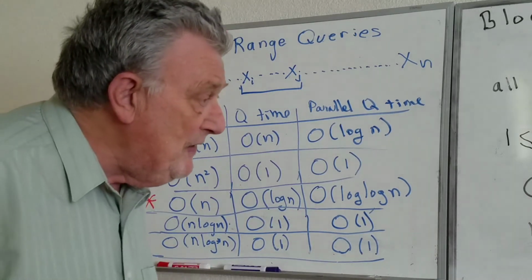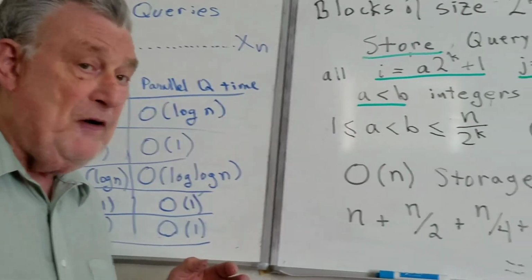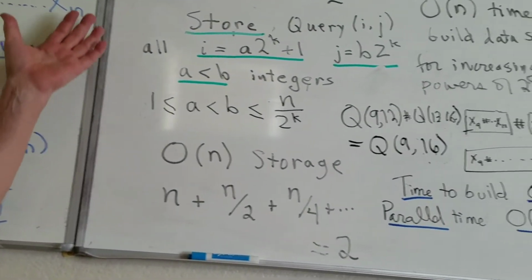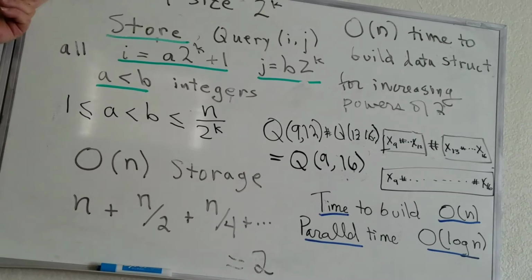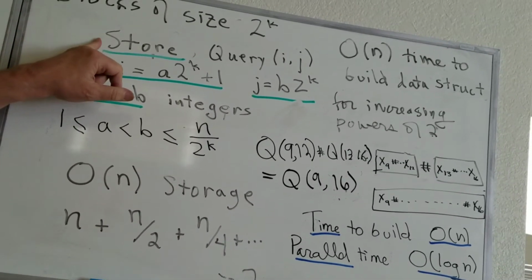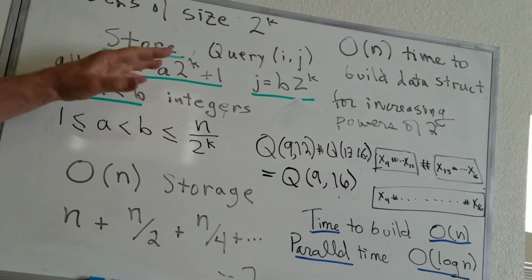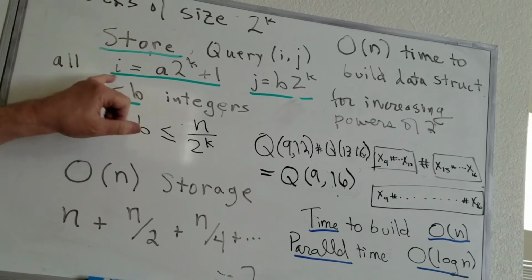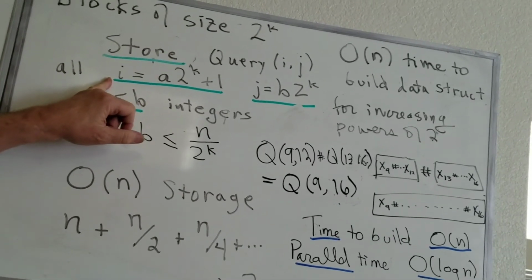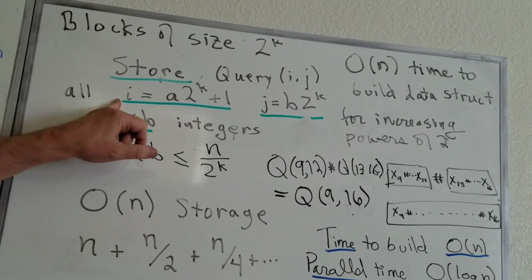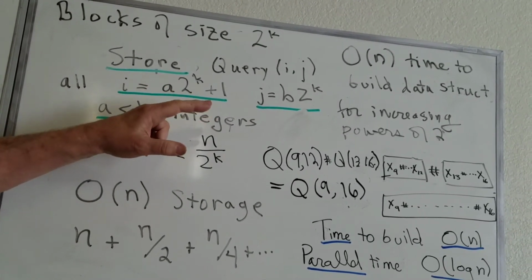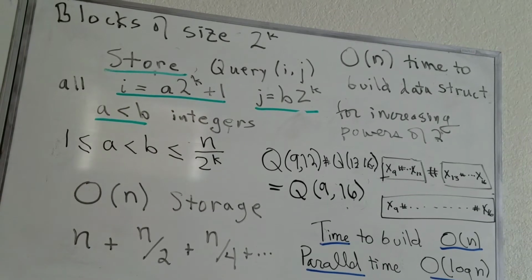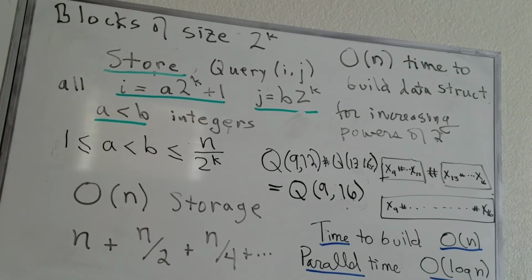All right, now I'll explain the query structure for the blocks of size 2 to the k method. What we're going to do is store all the queries for query ij, but only for restricted values of i and j. i has to be of the form of a power of 2 times an integer plus 1, and j has to be a multiple of the same power of 2.